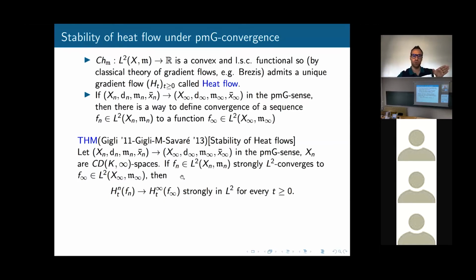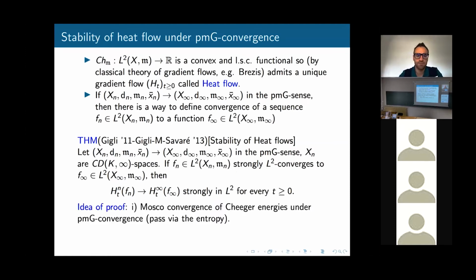So the evolutions of this fn via the heat flow at time t are converging to the evolution at time t of the limit function f infinity. If you had the strong convergence of the initial data, you also have a strong convergence of the heat flows. So one can see this as a stability result for heat flows.